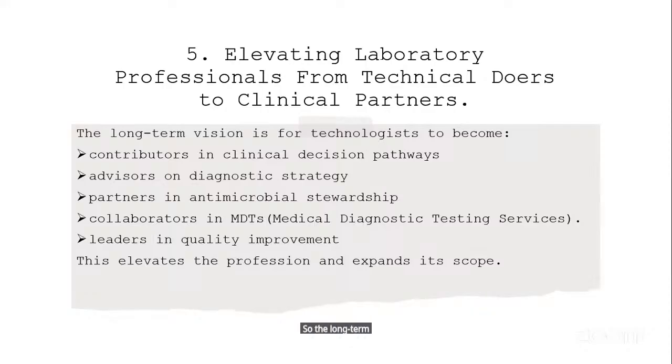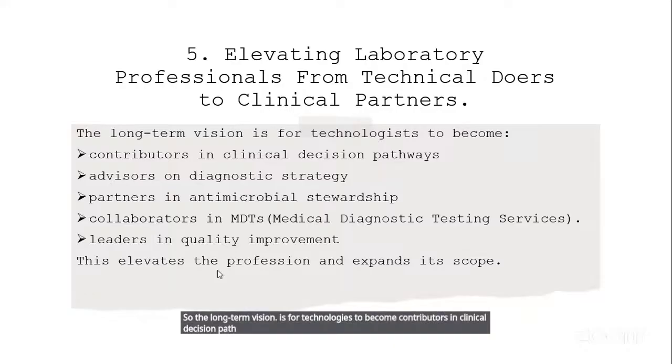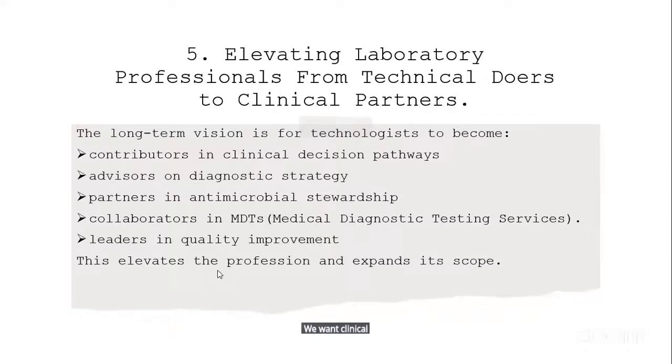So the long-term vision is for technologies to become contributors in clinical decision pathways. We want clinical practitioners to be advisors on diagnostic strategies. And this is very important because we have clinical pathologists in our settings today.